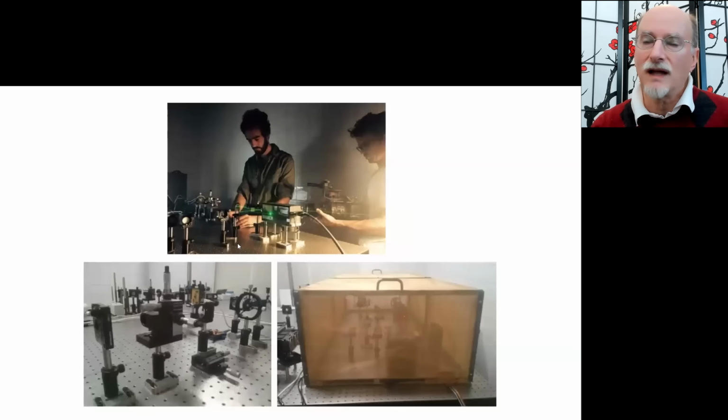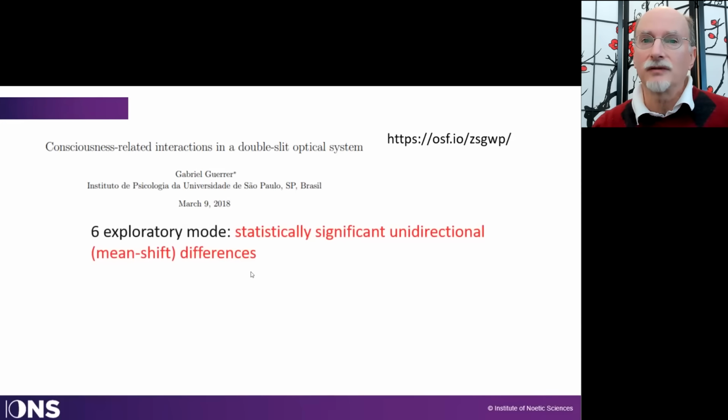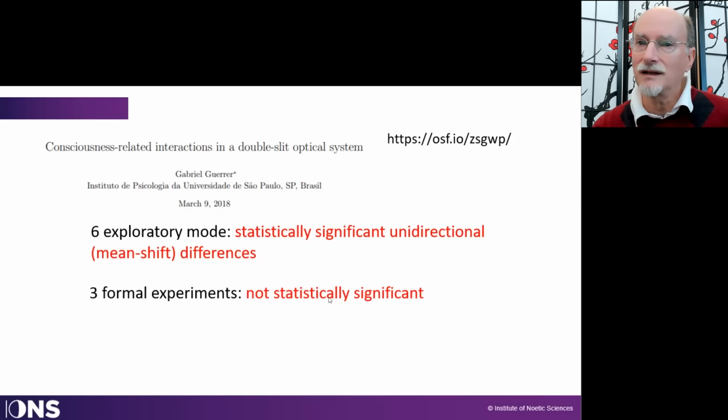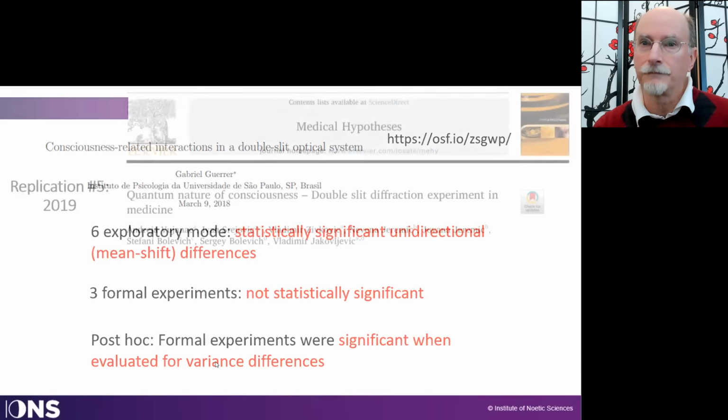He went back to the laboratory at Sao Paulo, Brazil, created his own setup, and then reported, this is not yet published, 6 exploratory experiments with statistically significant unidirectional mean shift differences, very similar to what we had been seeing. He then did 3 formal experiments, which were not statistically significant until he looked to see if there were variance differences. So once again, we're seeing interesting results in variance.